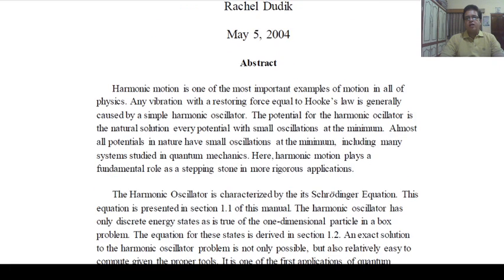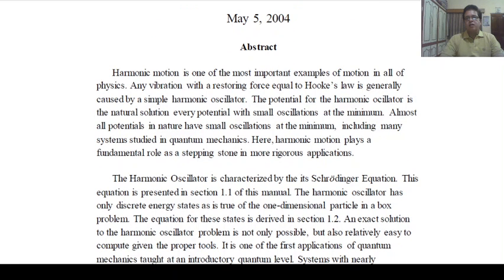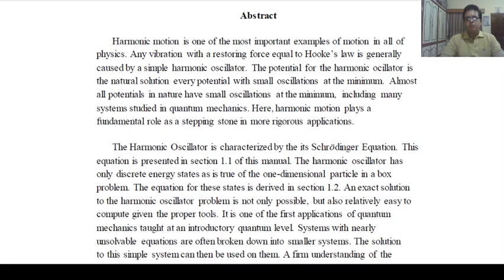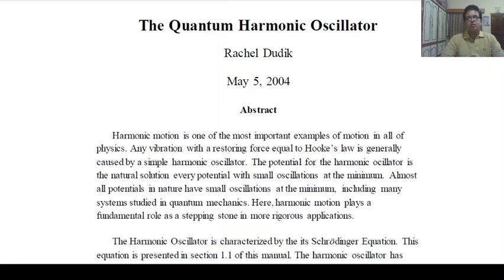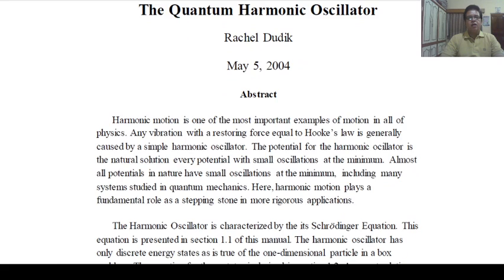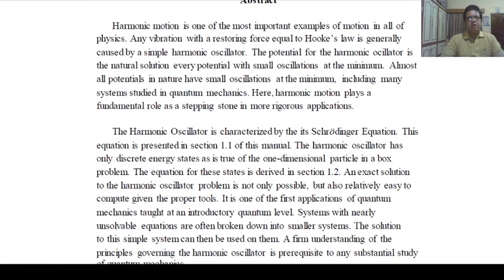This is a very good article, and you can understand the conceptual basis also. At the end of this article, a few numericals or conceptual questions are also given, and that is also useful for your NET examination. Initially, an abstract is given of what is in this paper.